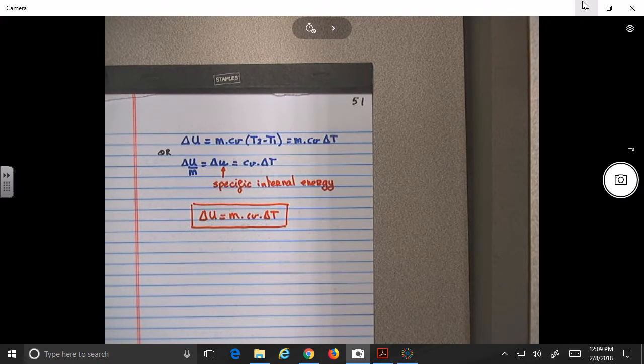That equation is general, and if you ask me to remember something, that equation is the one you will be using for closed systems.